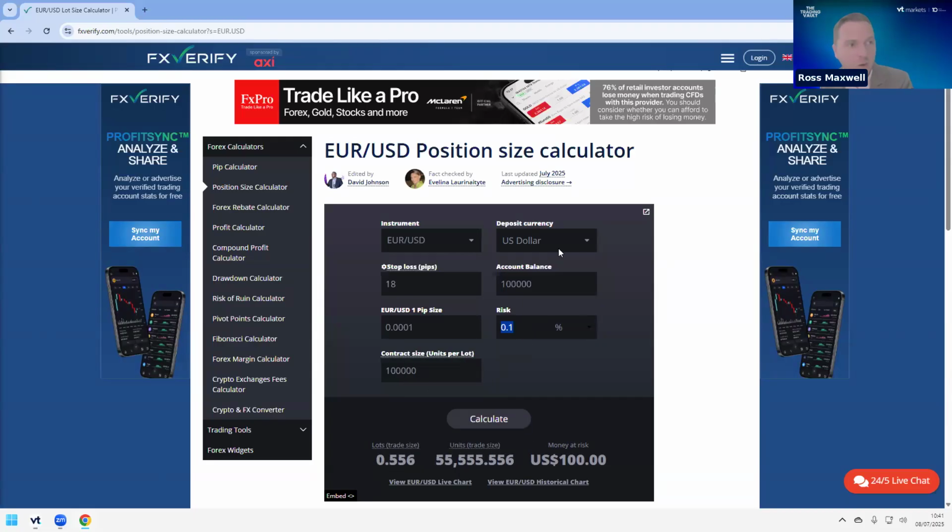So using these lot calculators is a really good way of being able to calculate. You can amend your risk, you can amend your account balance. If you only had, say, a $1,000 account and you want to trade 0.1%, okay, you've got to trade, what's that, 5 micro lots or something like that. So yeah, you can change the pip size.